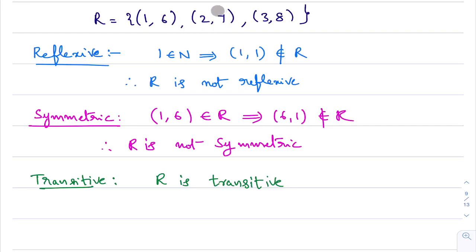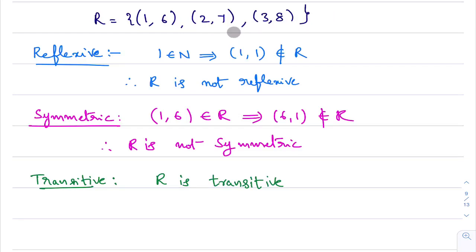Now you take this 2 comma 7. Is there any other ordered pair that starts with 7? No. So we are unable to identify 2 comma 7, 7 comma something. Okay, no problem. With this also check. Now you come to this 3 comma 8. Are you able to identify any other ordered pair which starts with 8? No. So you are unable to identify A comma B, B comma C.